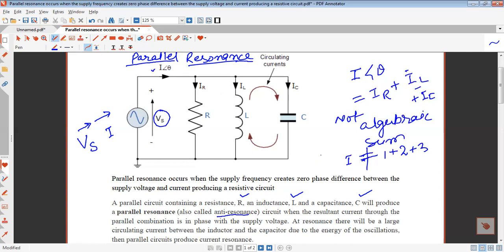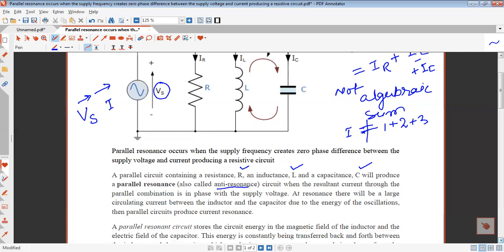So now I will see what the current will be. At resonance, there will be a large circulating current between the inductor and capacitor. This large circulating current will be there due to the energy, and it circulates between the inductor and capacitor.